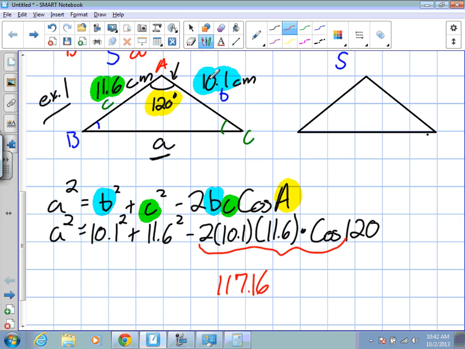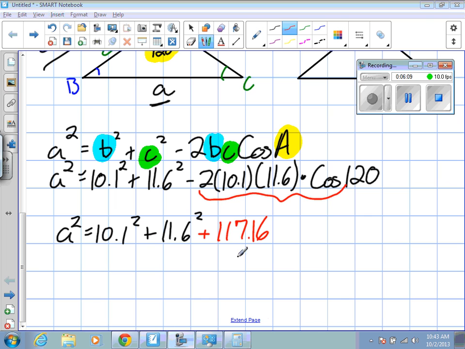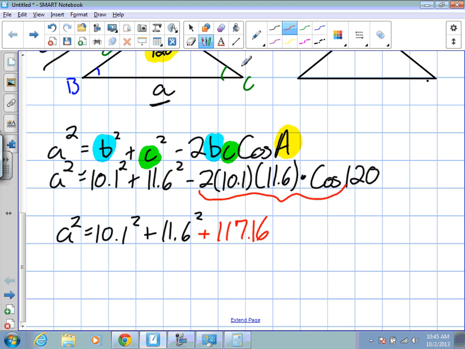So we've just solved the end part of this equation. Now we'll bring down the rest. A squared is equal to 10.1 squared plus 11.6 squared. And because this is positive, it's an addition. If it is negative, we would put a subtraction sign there. Now that we have this, according to BEDMAS, we have to work with our two exponents.